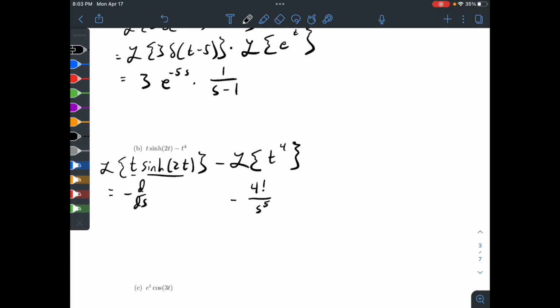Anytime that you have t times a function that you know the Laplace transform of, it's going to be the negative derivative of whatever the Laplace transform of that function is.